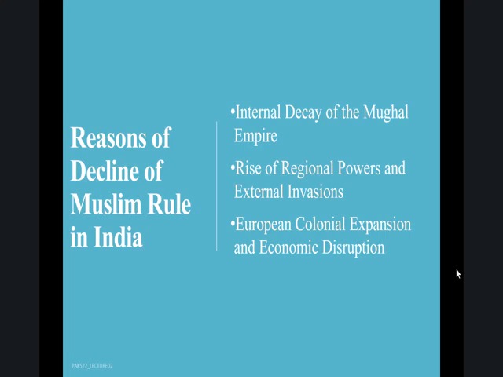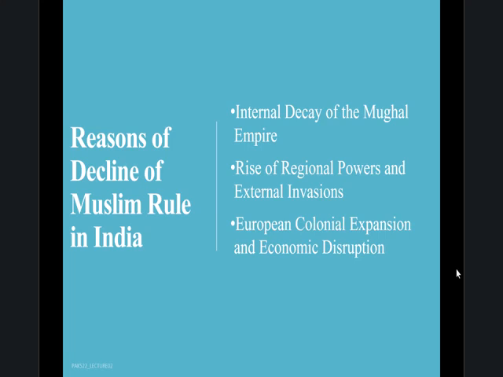Similarly, Sikhs in Punjab, the Jats around Delhi, and the Rajputs in Rajasthan asserted their autonomy, contributing to the fragmentation of political power. Compounding these internal challenges were devastating external invasions. The most significant of these was the invasion by Nadir Shah of Persia in 1739, which culminated in the sack of Delhi.